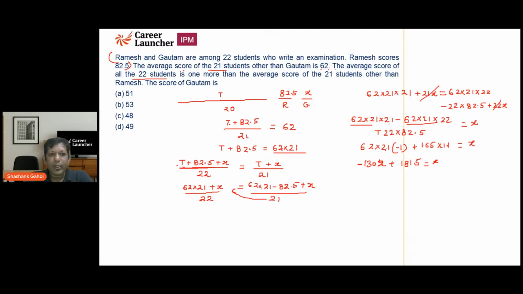So t is 21 into 62 plus 21x is equal to 62 into 21 minus 82.5 into 22 plus 22x. So 62 into 21 into 21. The solution seems right, but I think I am missing something, and that is equal to x.